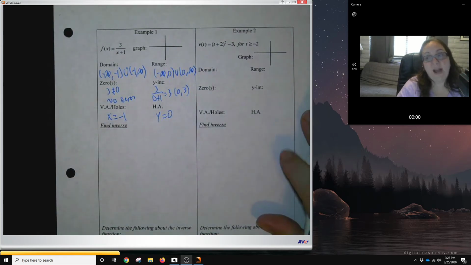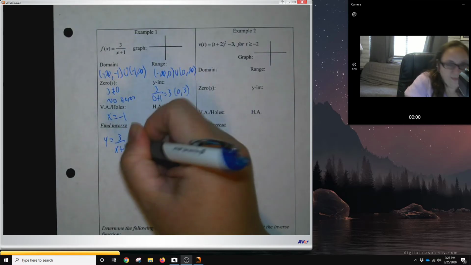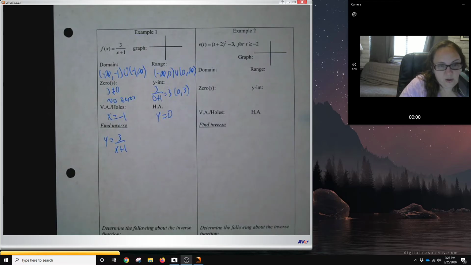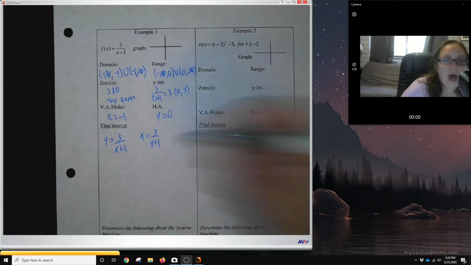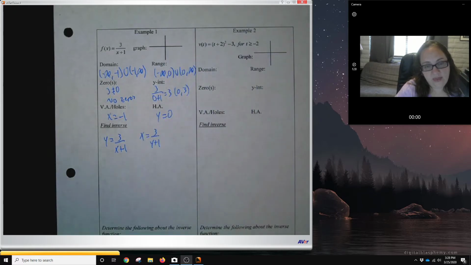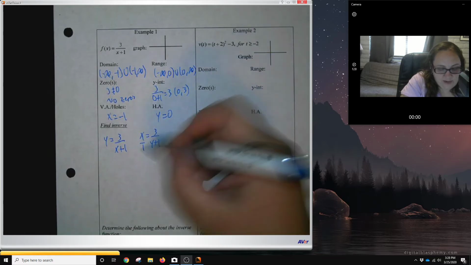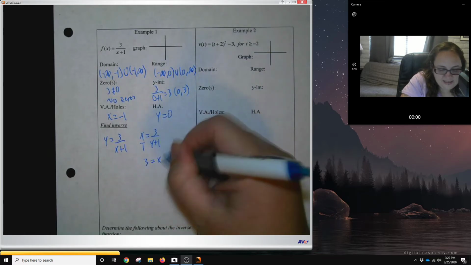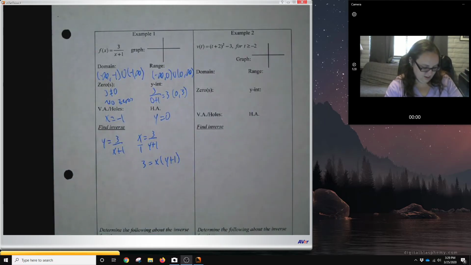So then to find the inverse, we say y equals 3 over x plus 1, which would change to x equals 3 over y plus 1. And then we put the x over 1 and we cross multiply. So 3 times 1 is 3, and then x times y plus 1. Now the idea here is to try to get y by itself.